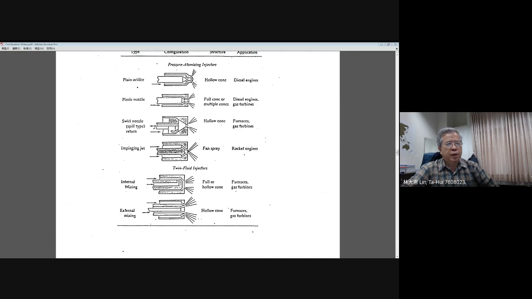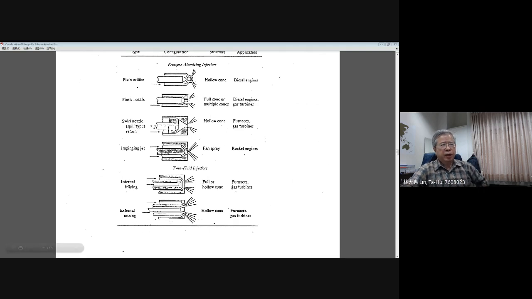And when they have good mixing, they will impinge out and produce the sprays. You may have a full cone or hollow cone spray at the exit plane of the injector. And there is the other type we call external mixing. We do not have premixing before they come out from the exit plane of the injector. The mixing will occur in the outer region of the injector, and we call this external mixing.